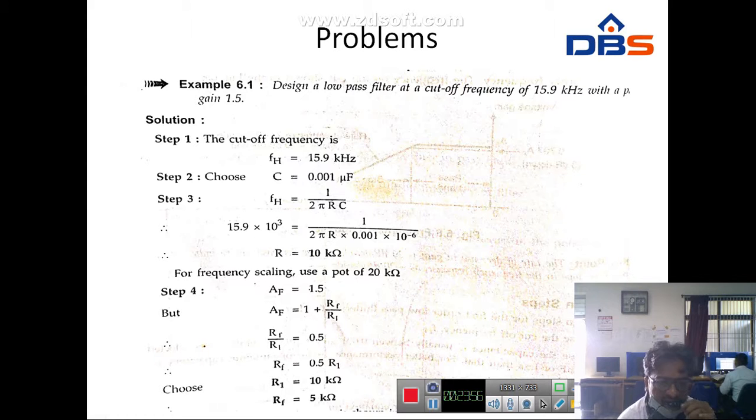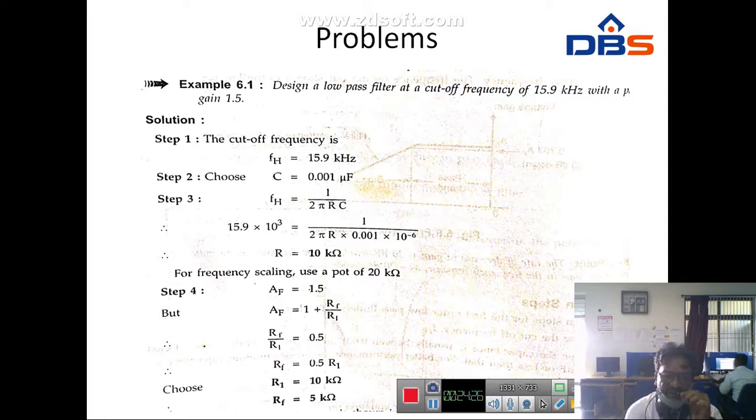Again we have to calculate the pass band gain, which is already given in the problem. That is AF, the gain of the filter, equal to 1.5. So AF is equal to 1 plus RF by R1, so RF divided by R1 is equal to 1.5 minus 1, which gives 0.5.